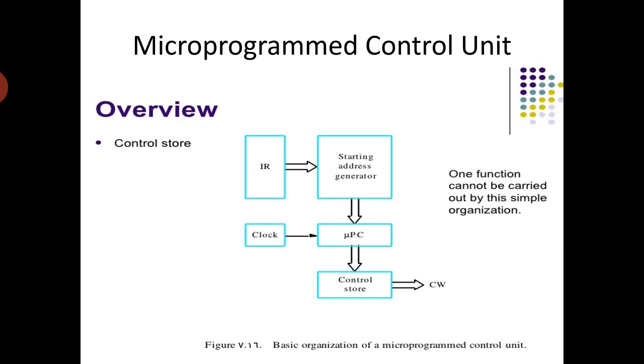Both hardwired control and microprogrammed control units are used for generating the control signals needed in the proper sequence for the processor. In hardwired control, the encoder or decoder block directly generates the control signals depending on the inputs given to that block.